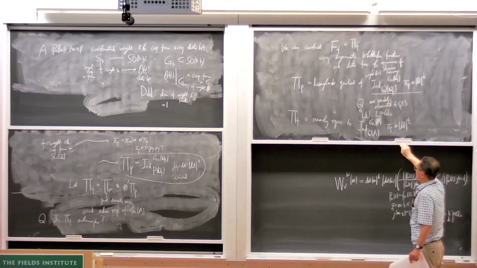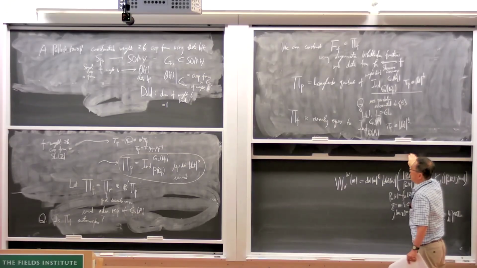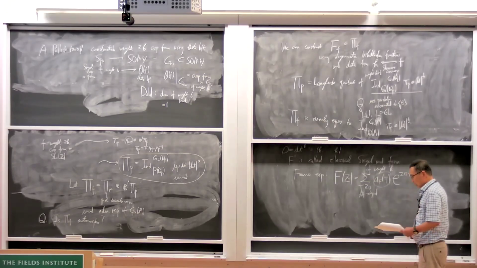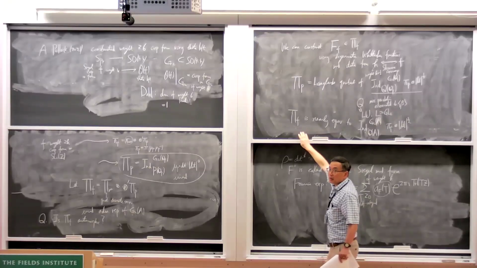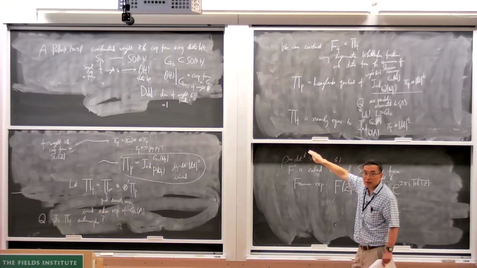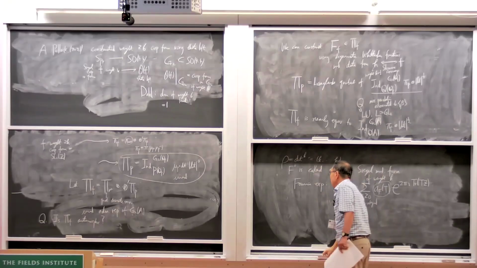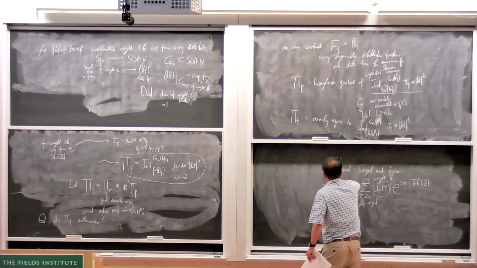So if pi f is automorphic, then it is a CAP representation.